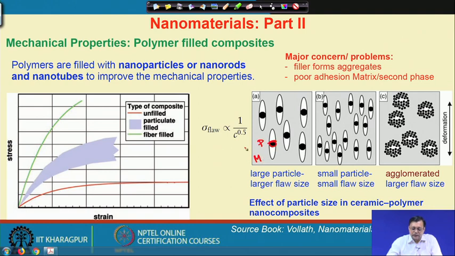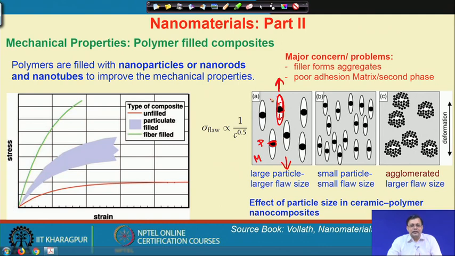Now, while we put some stress into it, due to insufficient adhesion between the particle and the matrix, there will be delamination, or the interface will break, and we will get a crack of such an elongated size, and the material will fail.